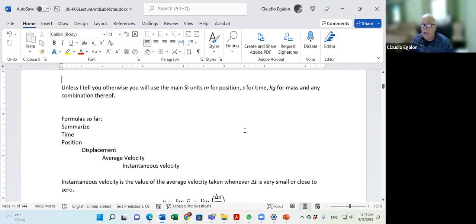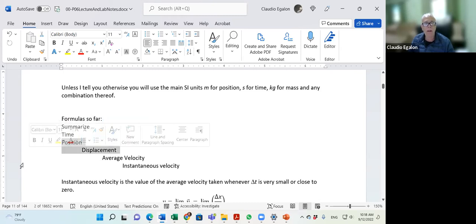Okay, so here you go. The formula summary so far. What do you need to know? You need to know the basic quantity of time. We use the primary definition of position to define displacement, the secondary definition.